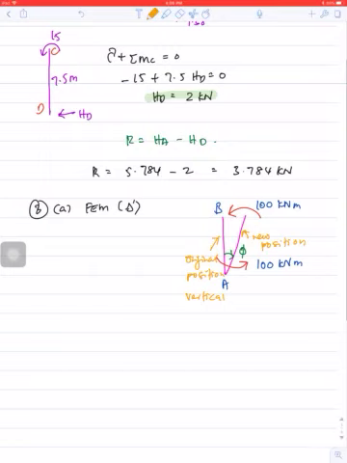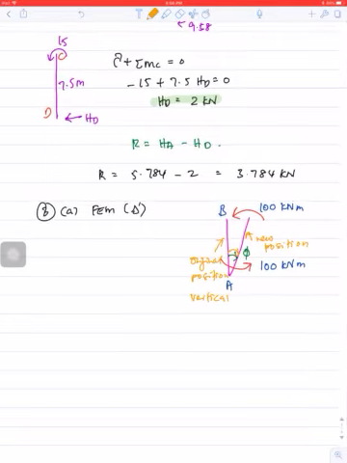So this angle between the original to the new one is clockwise. So the FEM is counterclockwise.